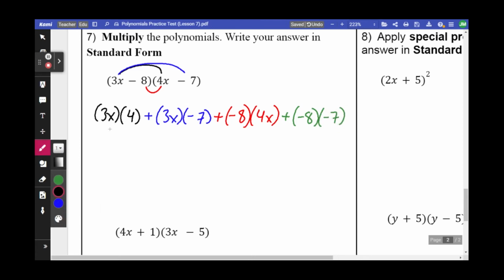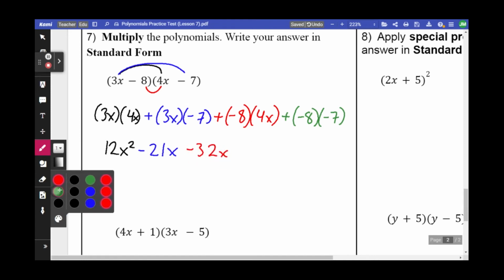All right, 3x times 4x is equal to 12x squared. 3x times negative 7 is negative 21x. Negative 8 times 4x is negative 32x. And negative 8 times negative 7 is plus 56.